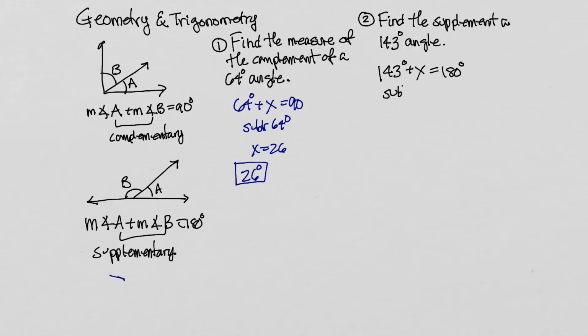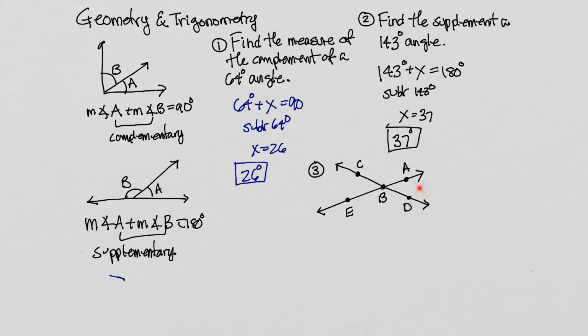So why don't we subtract 143 degrees, and 180 minus 143 is 37. So we're going to say the measure of that supplement is 37 degrees, and you know we don't need that x. We're just going to say the measure of the supplement is 37 degrees.